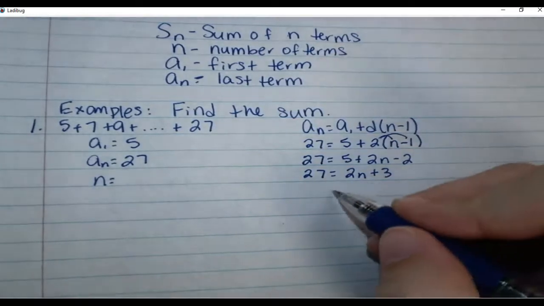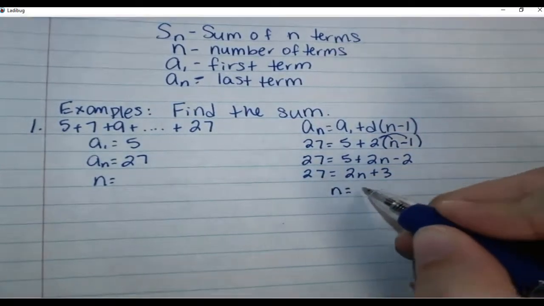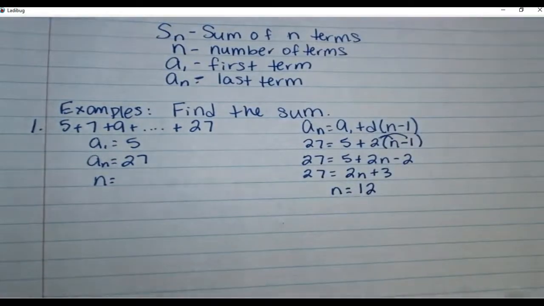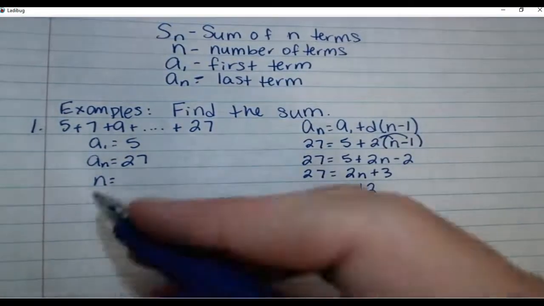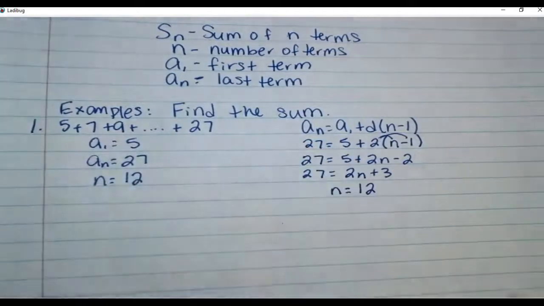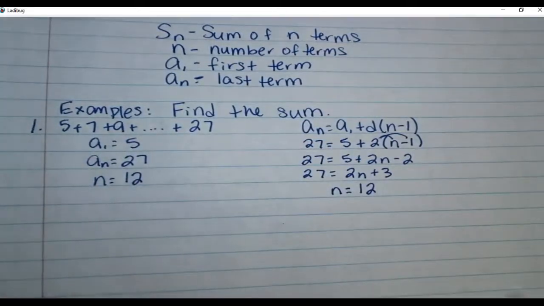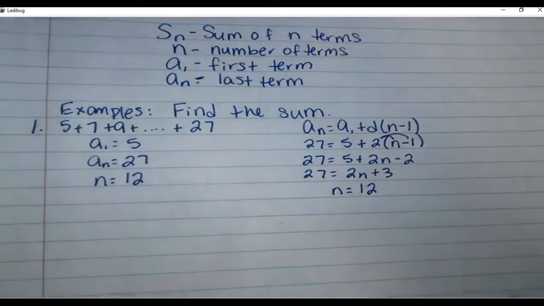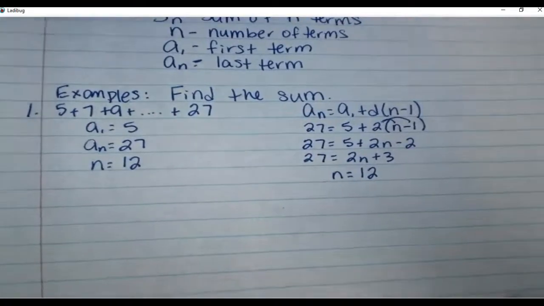And then if we solve it out, what does n equal? Good, 12. So that tells me that 27 is the 12th term. Any question on that? So now we want to find the sum of these 12 terms.